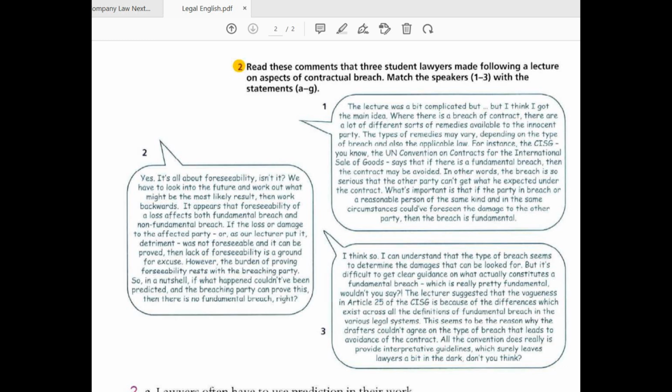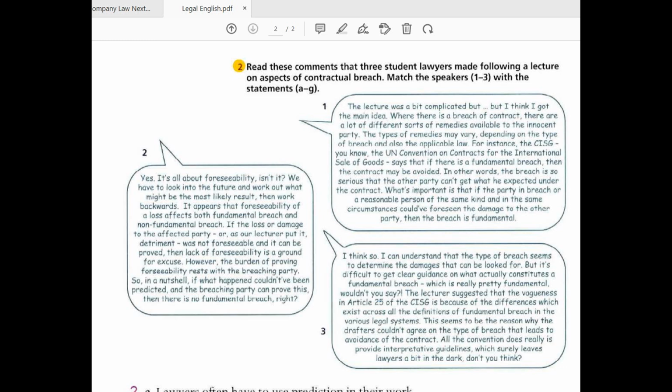For instance, the CISG, the UN Convention on Contracts for the International Sale of Goods, says that if there is a fundamental breach, then the contract may be avoided.